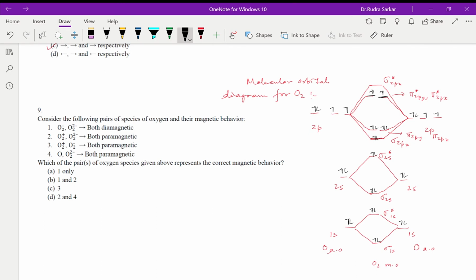So when they are saying O2 minus, that means one oxygen has taken an electron. So we will add one electron here. That means one unpaired electron. So obviously we will say this is paramagnetic.